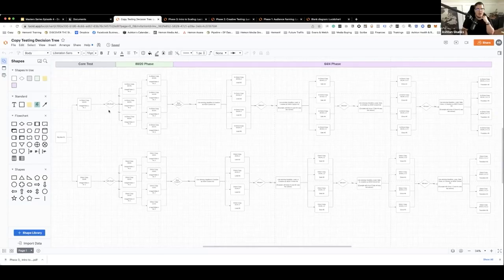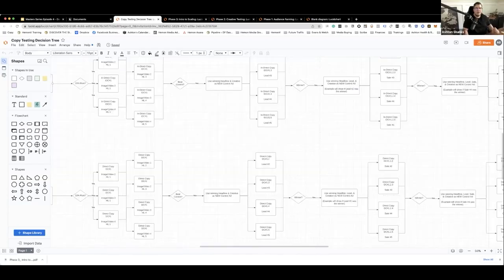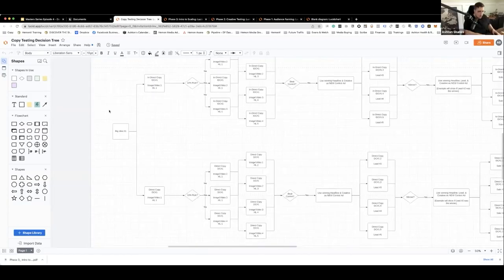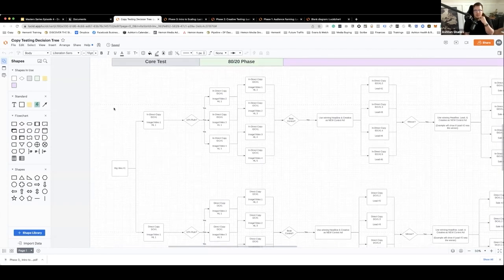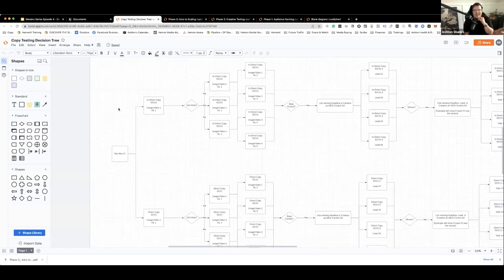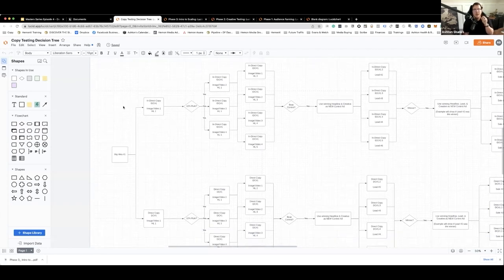But when it comes to testing overall, and this is even just one big idea, I want you to keep that in mind. This is the level of depth that you can go into when you just have one idea for an ad. And in phase 2, I can tell you your biggest advantage, biggest needle mover, leverage point as a marketer is finding big ideas.